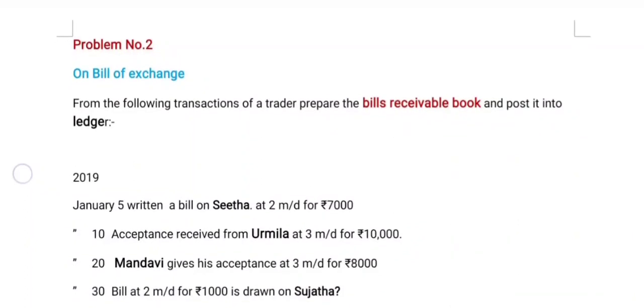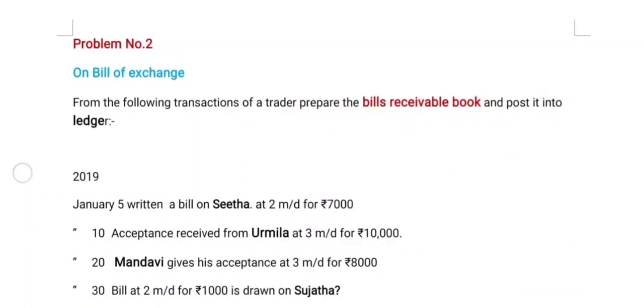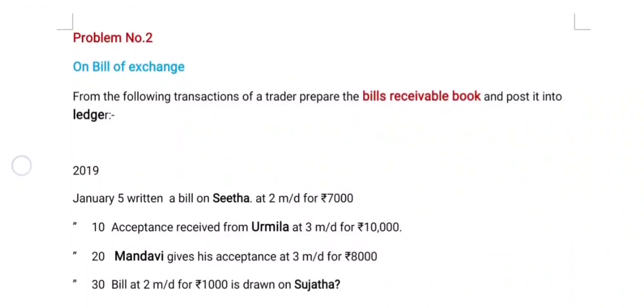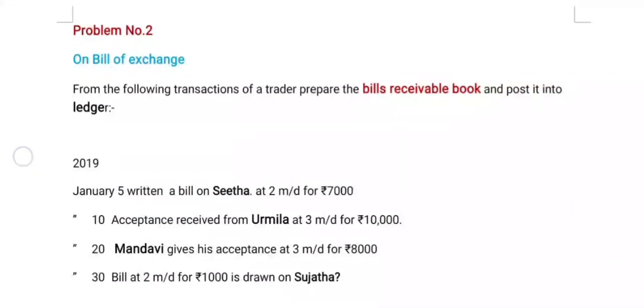Now coming to the third transaction, that is January 20, Mandavi gives his acceptance at 3 months for 8,000. Now coming to the 30th, a bill at 2 months for 1,000 rupees is drawn on Sujata. All the above transactions are related to bills receivable transactions.